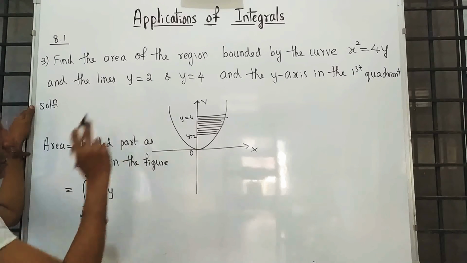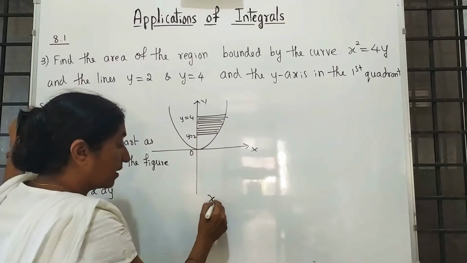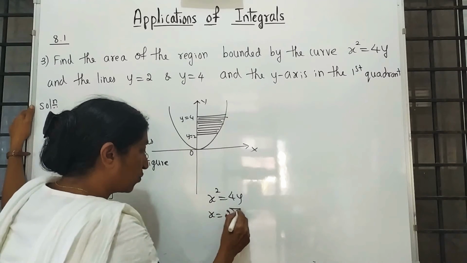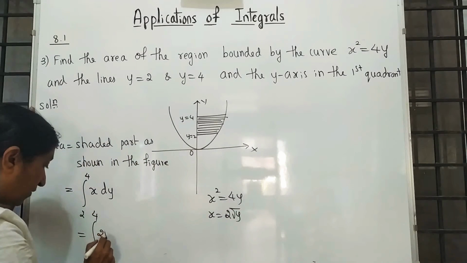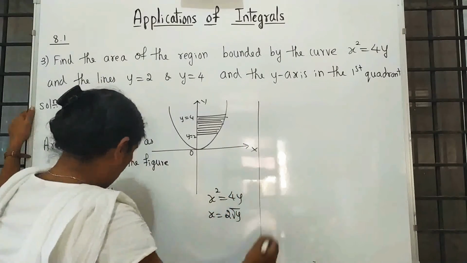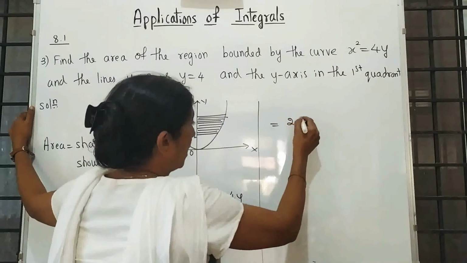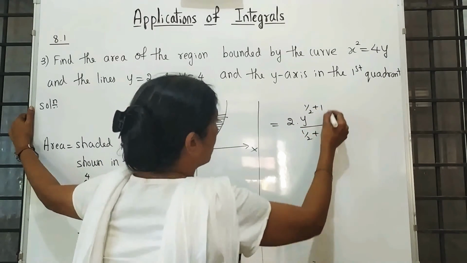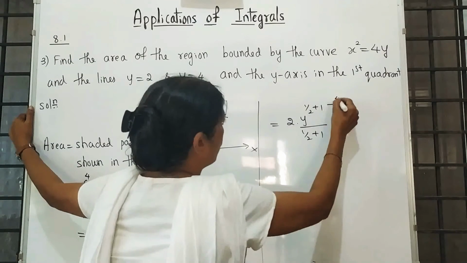2 to 4. See, x square is 4y, which means x is 2 into root y. 2 into root y into dy. 2 constant. y raised to 1 by 2 plus 1 upon 1 by 2 plus 1, from 2 to 4.